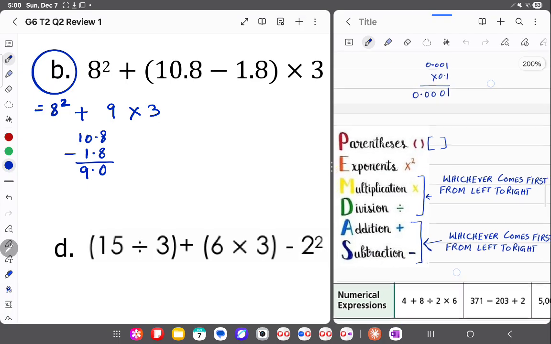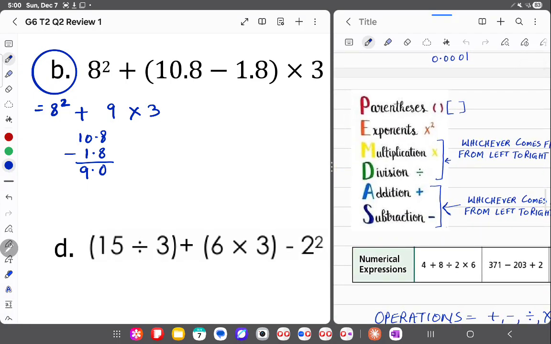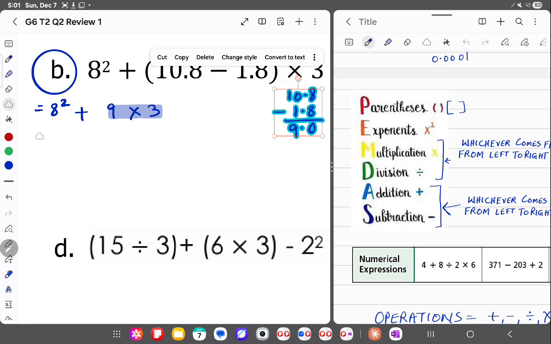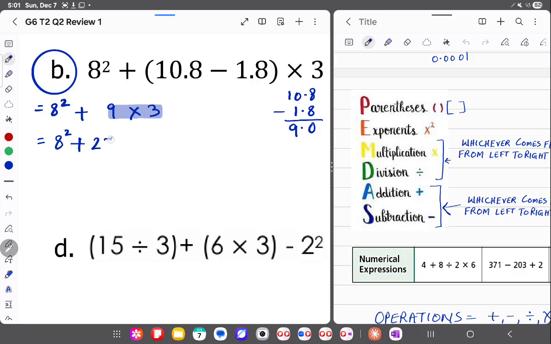Now again we look at the rule of PEMDAS and we see that multiplication comes before addition, so we solve that first. 9 times 3 is 27. So I write 8 to the power of 2 plus 27.